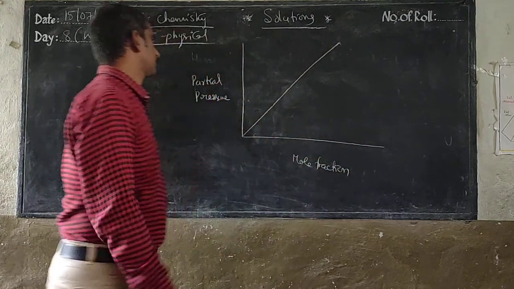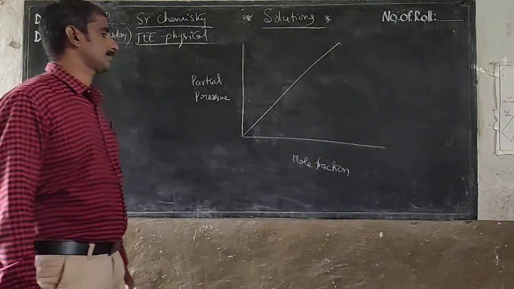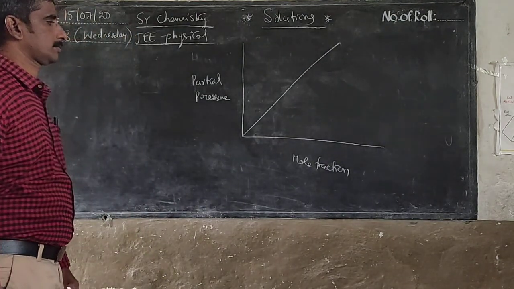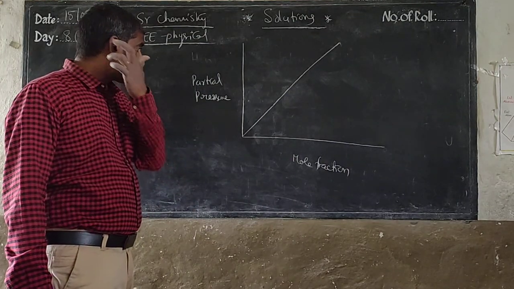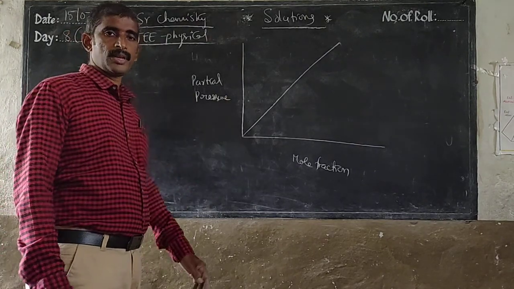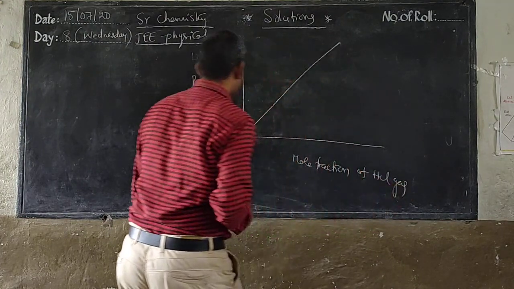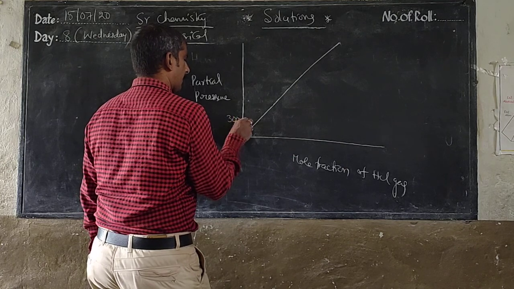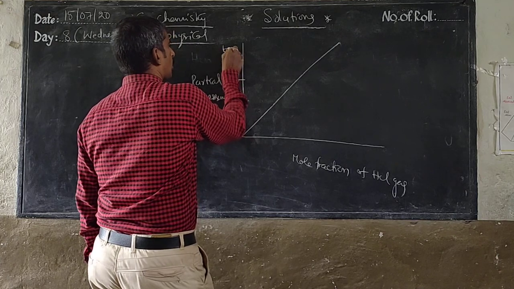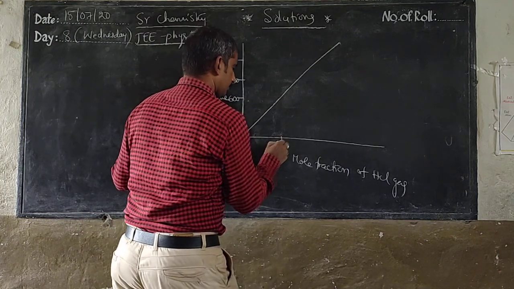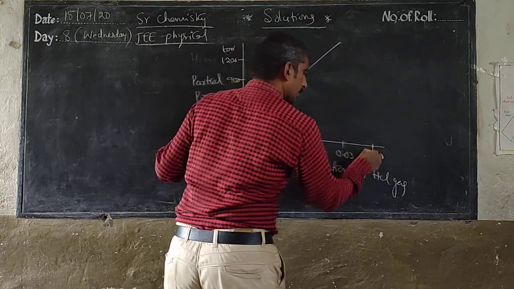Taking the mole fraction of HCl gas on one axis, suppose pressure values are 300, 600, 900, 1200 torr, and mole fractions are 0.01, 0.02, 0.03, 0.04.